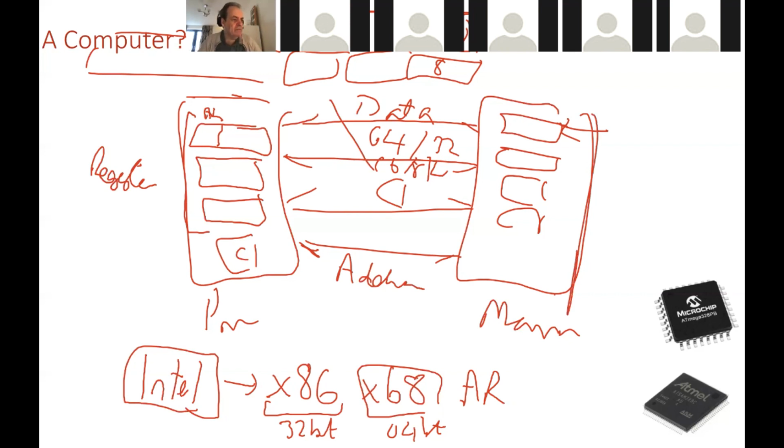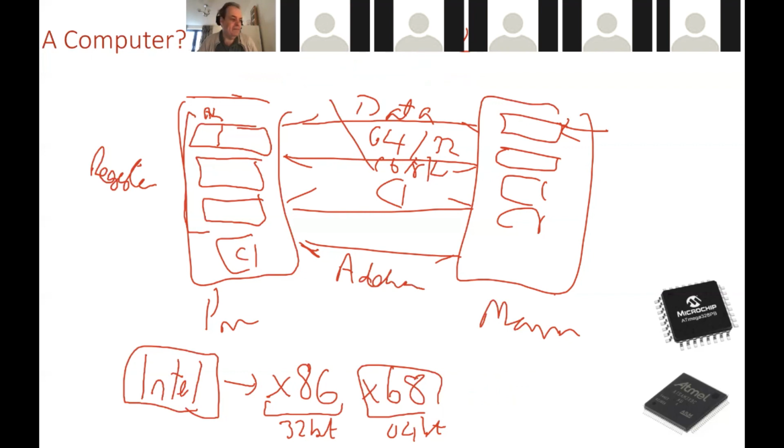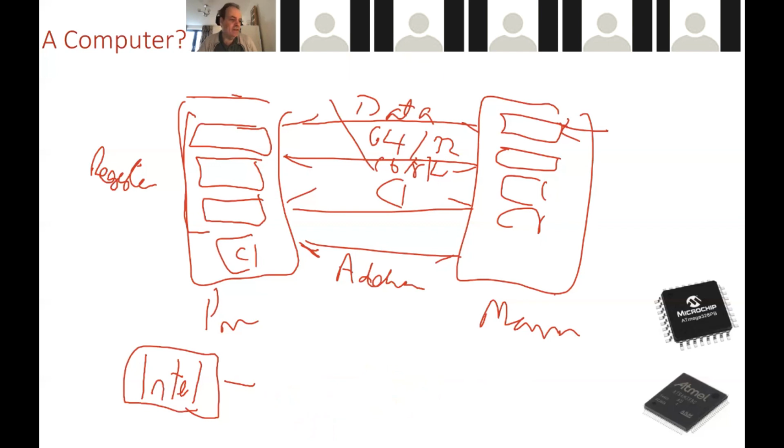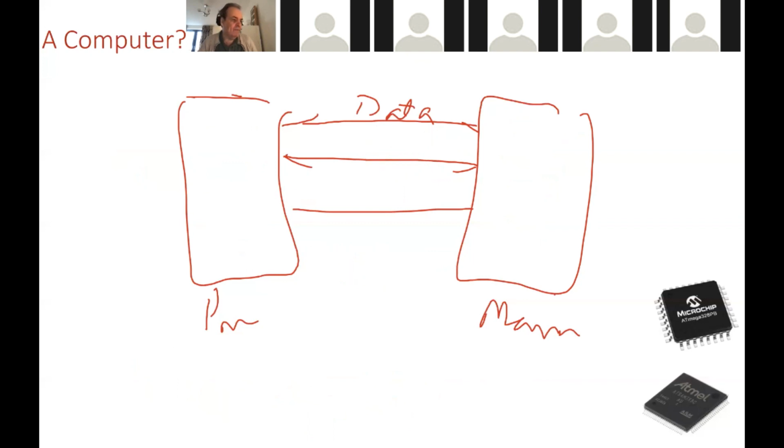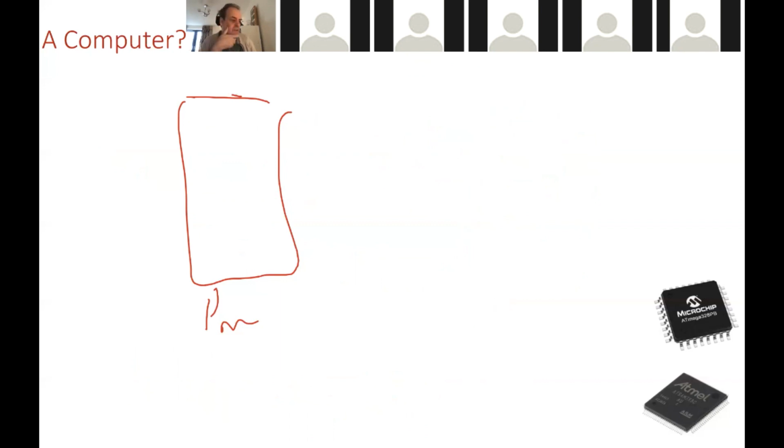Okay, that might all look great in terms of our normal desktop processors. But there's a whole world out there that's evolving around IoT, sensors, RFID devices, and so on. And these processors aren't the big desktop processors that you get.